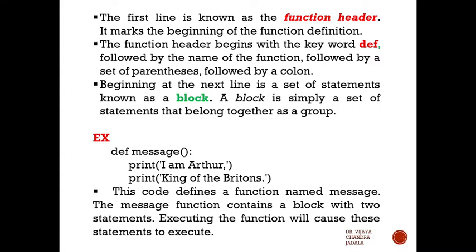The code block within each function starts with the colon and is indented. The return statement exits a function, optionally passing back an expression to the caller. A return statement with no arguments is the same as return None.